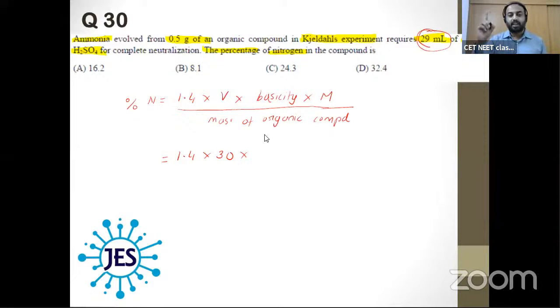I had explained this last class. For sulfuric acid, H2SO4, there are two replaceable hydrogens. For HCl, there will be only one replaceable hydrogen.